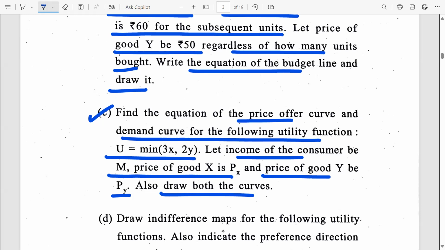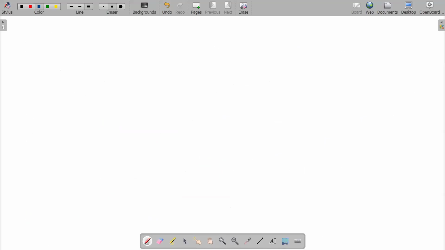Remember, the price offer curve gives the optimum combination of two goods at different sets of prices. And from the price offer curve, we derive the demand curve. Students can find this in my lectures on demand theory. So if I come back to the whiteboard, question 1 part C, we are given that the utility function is min of 3x comma 2y.